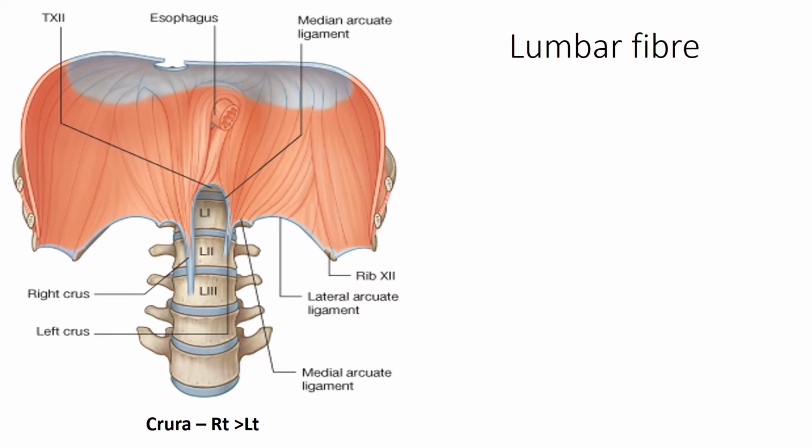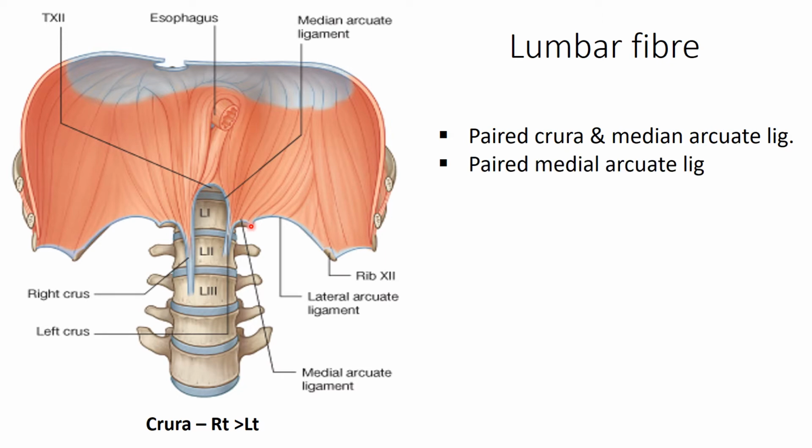Let's discuss the lumbar fibers in detail. These lumbar fibers arise from three sources. First, from the paired crura. This is the right crus of the diaphragm, which is the longer and broader one, and this is the left crus of the diaphragm, the more slender one, and its medial continuation, which is the median arcuate ligament.